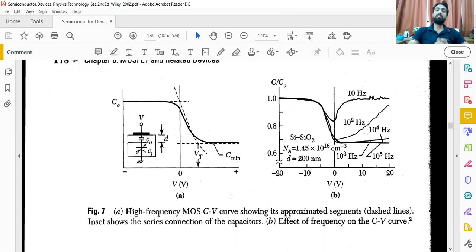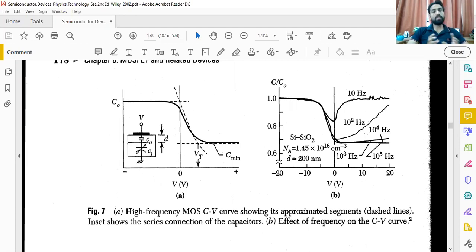For that, what considerations have we taken? The consideration is that the MOS we are using has a P-type substrate, and the voltage provided at the metal terminal is negative or positive.